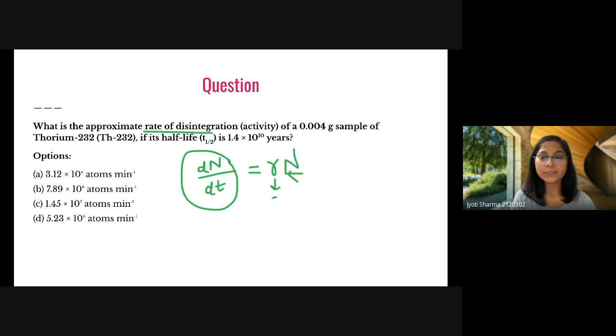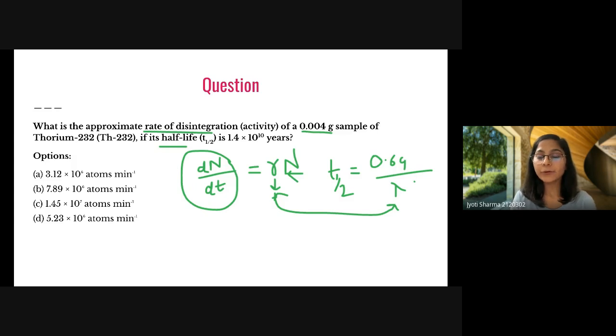What has been given is the sample, 0.004 gram, and the half life. One formula we know is that half life, t 1 by 2, is nothing but 0.693 upon alpha, and this alpha is nothing but R. So these are the same.